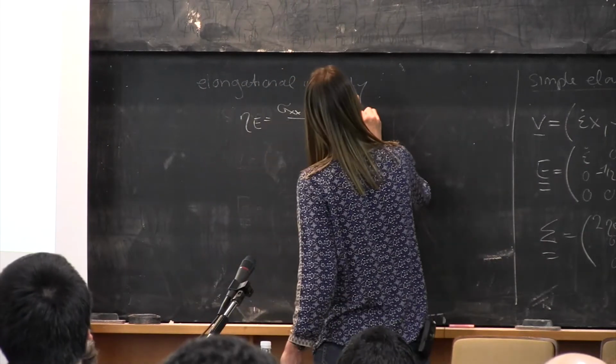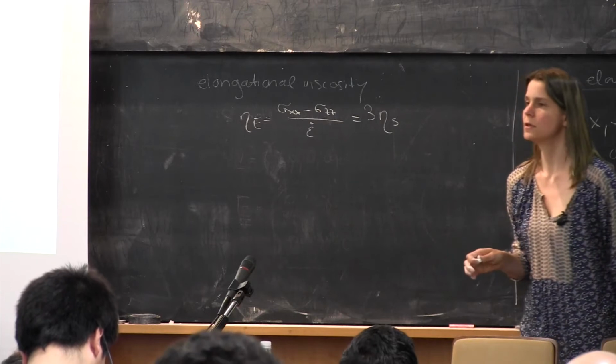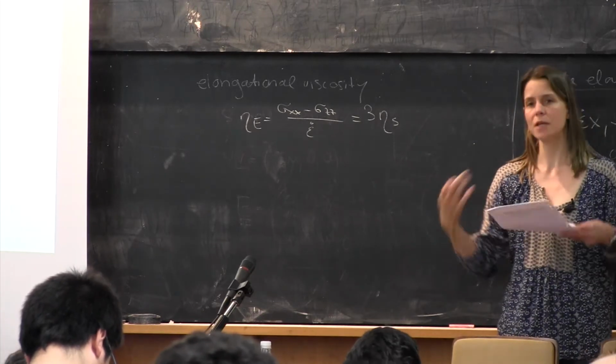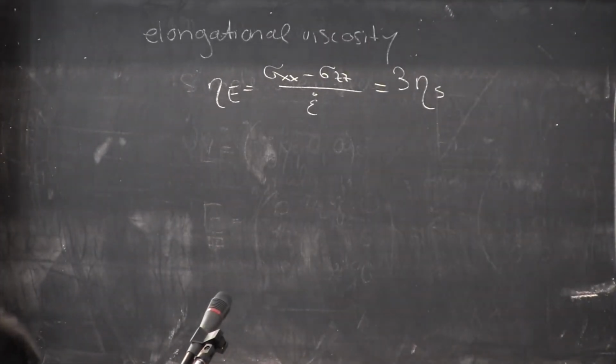And it turns out that this is just 3 times eta s, the shear viscosity. So it's purely geometrical. It's still the same fluid, it's still the same viscosity. It's just that I look at extension and not at shear.